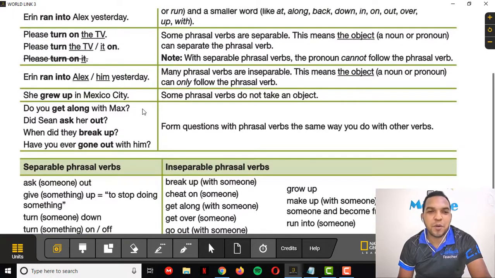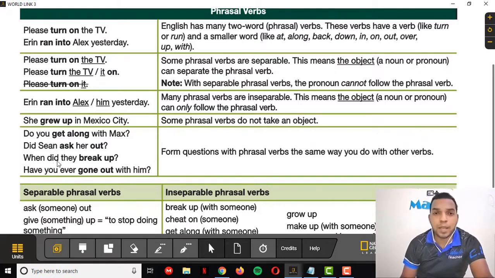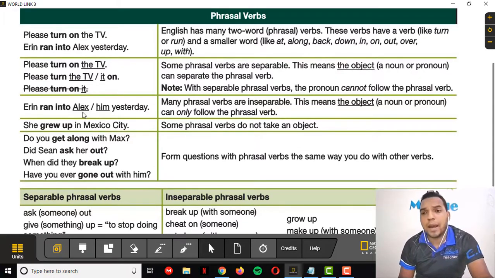So also when we want to form a question with a phrasal verb, it is the same way that you do with other verbs. Here we can use the simple present, or you can use the auxiliary. You can do it in the past, or you can use a WH question, or you can put it in the present perfect, any other tense.